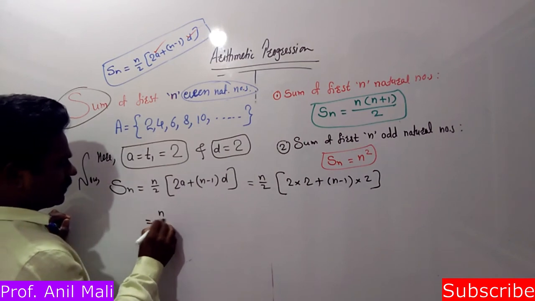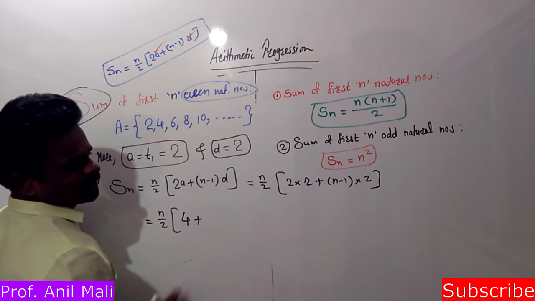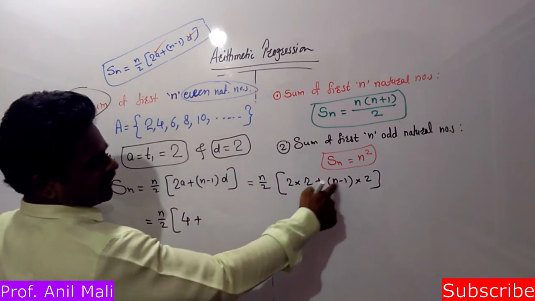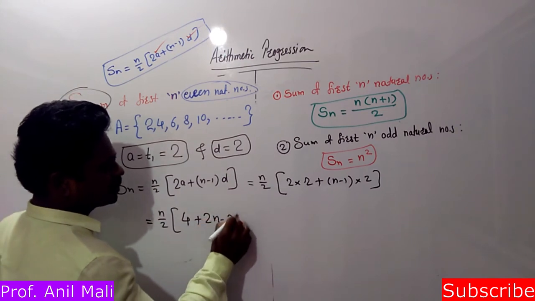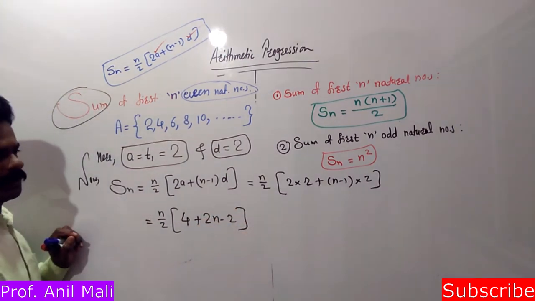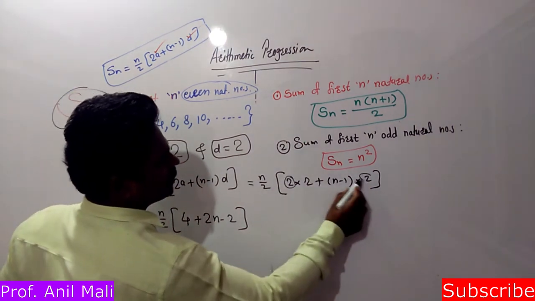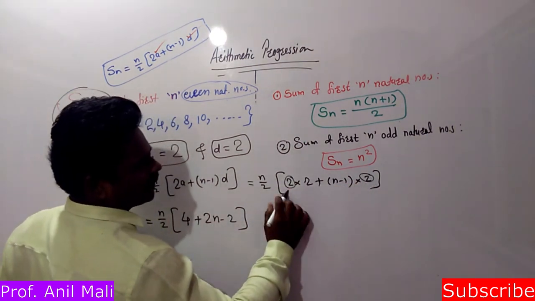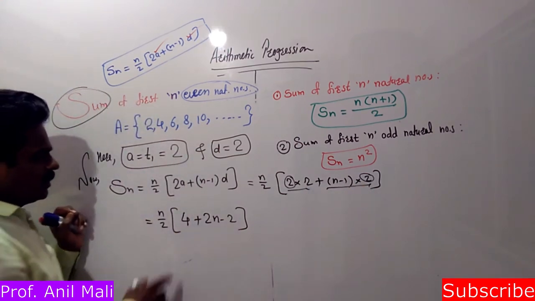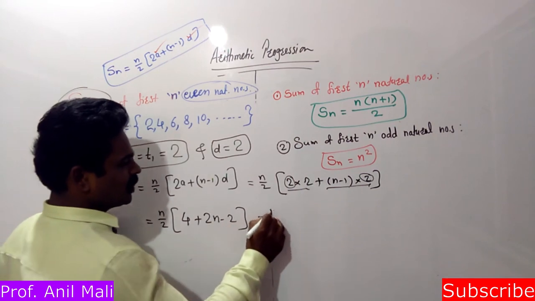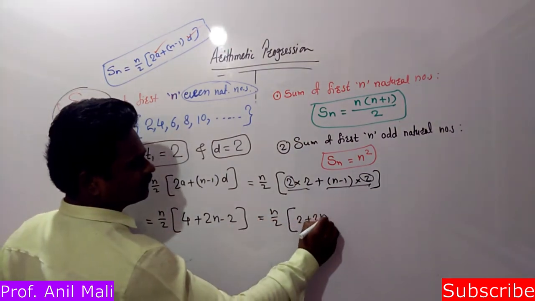So it is equal to n by 2 into the bracket, these 2 2's are 4, plus n minus 1 into 2, that means 2n minus 2. Okay, no problem. Or you can do here, 2 is here, 2 is here. You can take 2 common from these two terms. That is also acceptable, no problem. So 4 minus 2 is 2, so it is equal to n by 2 into the bracket 2 plus 2n.